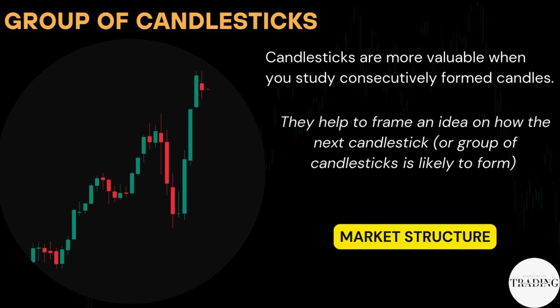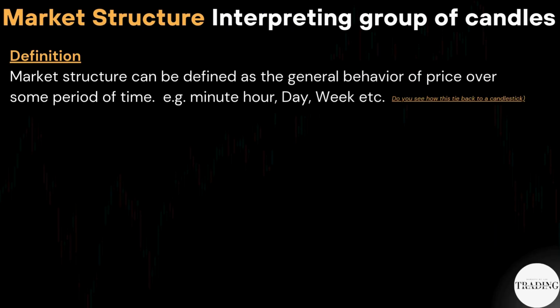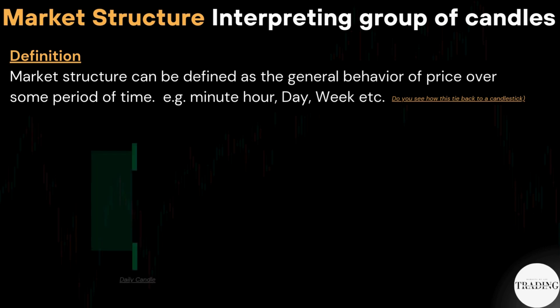This whole idea of studying the group of candlesticks is what defines what is known as market structure. Market structure is what we're going to take a more in-depth look at in today's lecture. Now, market structure, interpreting a group of candlesticks.